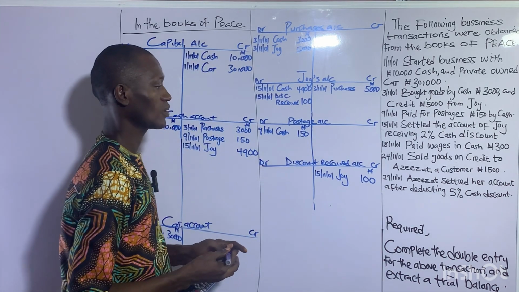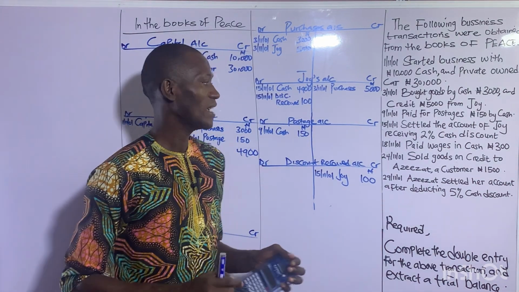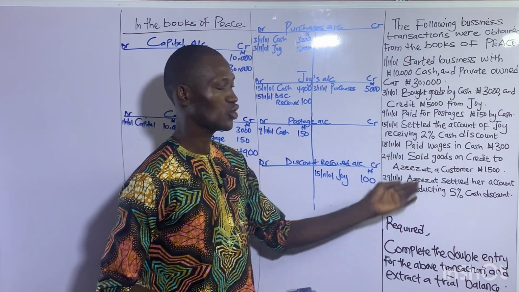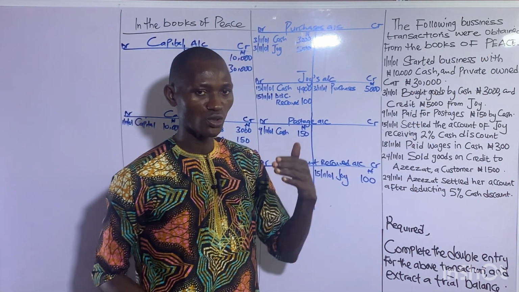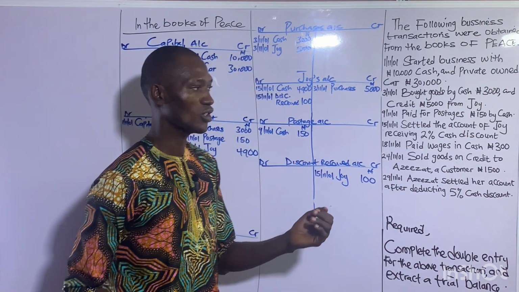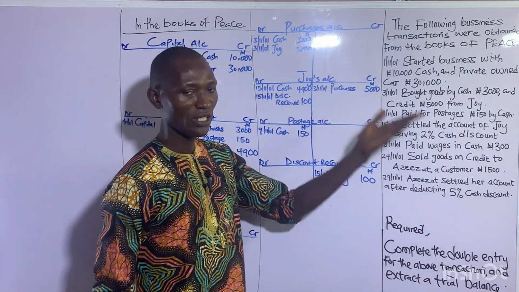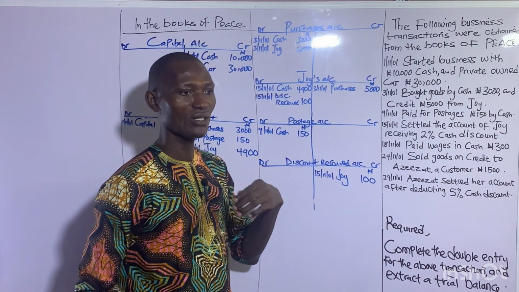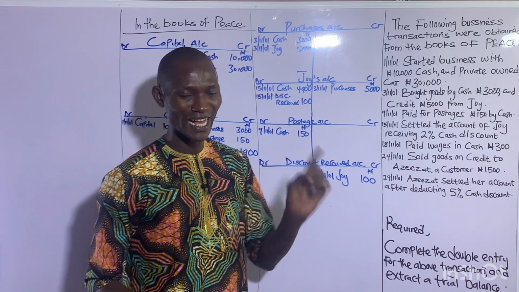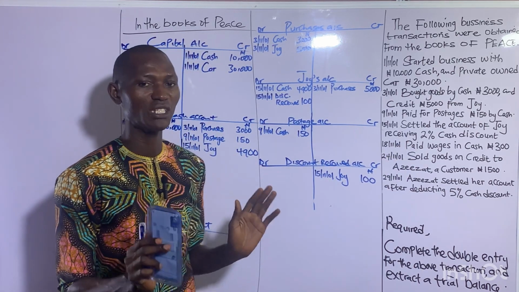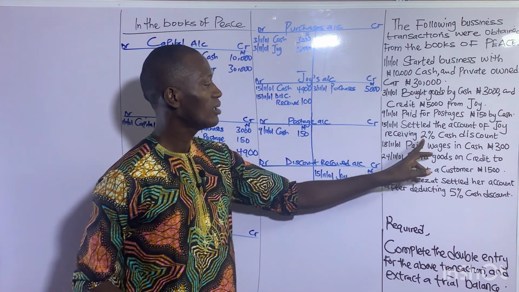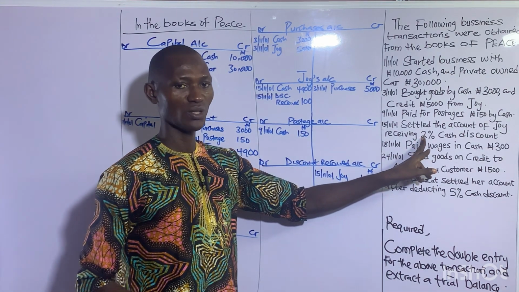That's what we have. Let me rephrase that again. Settle the account of Joy. Who settled the account of Joy? Peace. Settled means paid the account of Joy. So Joy is receiving, Peace is giving. And which account is paying on behalf of Peace? That's cash. Because we are not told the form in which Joy was settled, so we assume it to be cash. Then Peace was allowed discount of 2%.